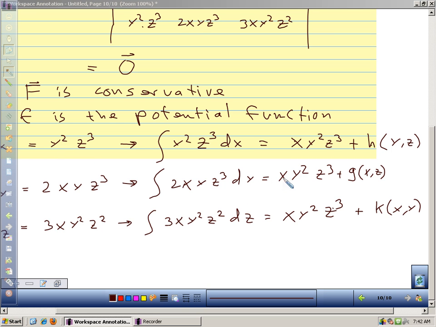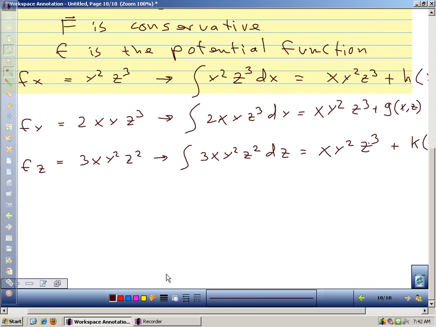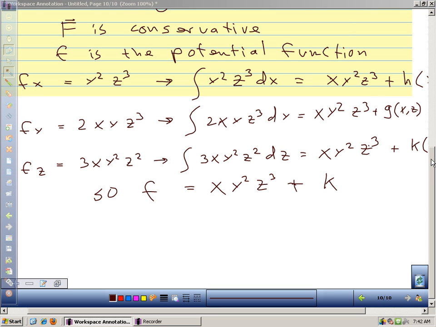With respect to y, we get 2xyz cubed. With respect to z, we get 3xy squared z squared. So our constants don't have any dependence on the other variables, so our function behaves nicely. So our potential function is xy squared z cubed plus some scalar constant. That's our potential function that gives us our vector field.